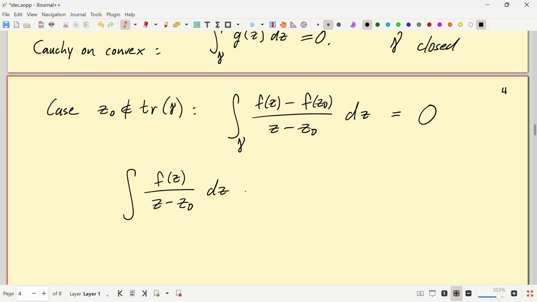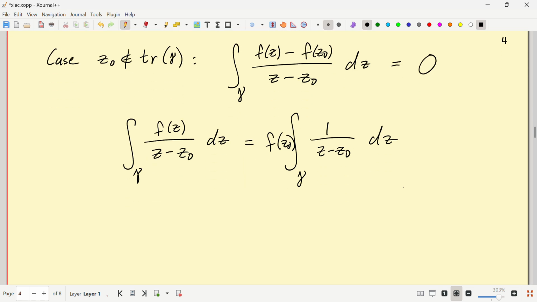equals, and I put that on the other side, the integral around gamma of f of z naught. I can pull the f of z naught out front of 1. It's a constant. I can pull it outside the integral. That's something you need to check. Okay, and this is a famous thing. That's called the index of the curve, and that just turns out to be a number. In fact, it's the number of times gamma winds around z naught.